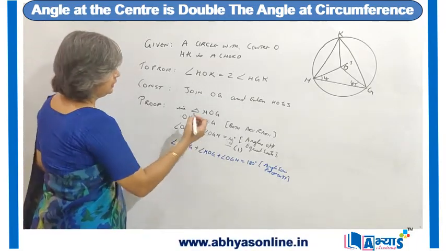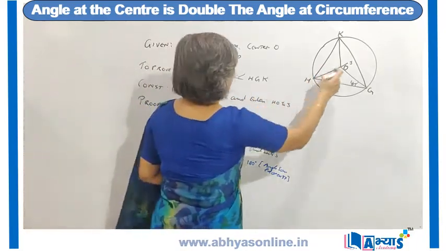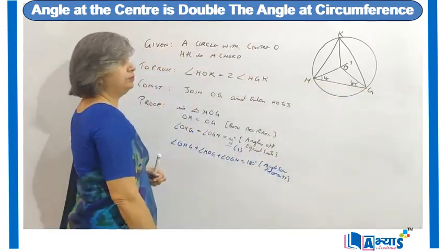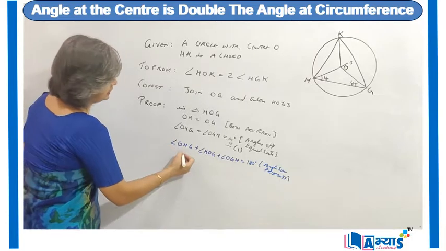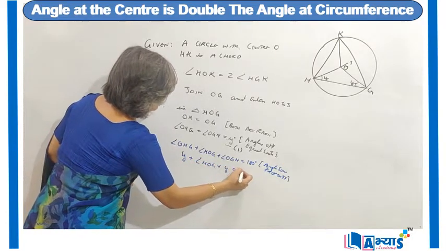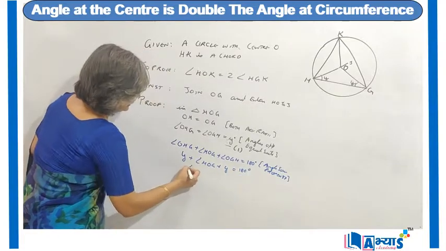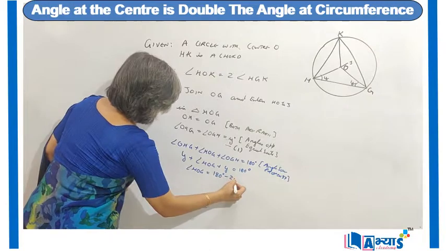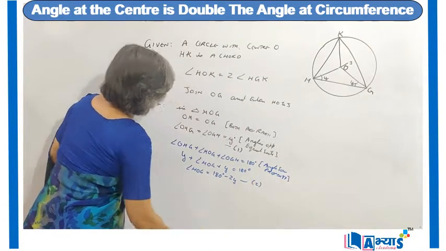So Y plus HOG plus Y is equal to 180 degree, or we can say angle HOG is equal to 180 degree minus 2y. Let us mark it as equation 2.